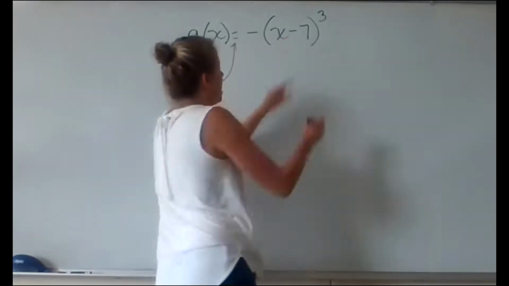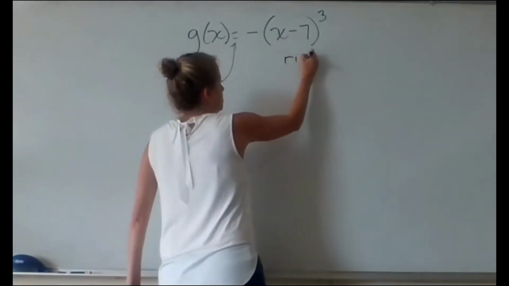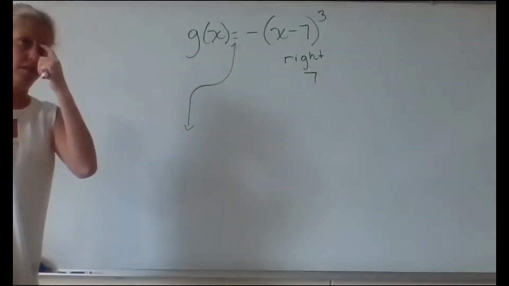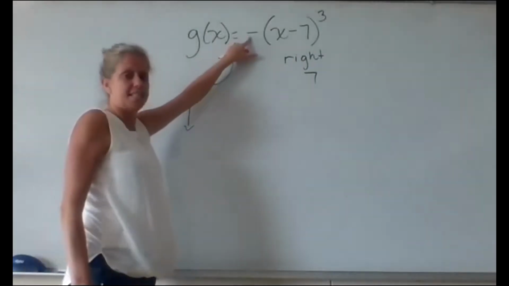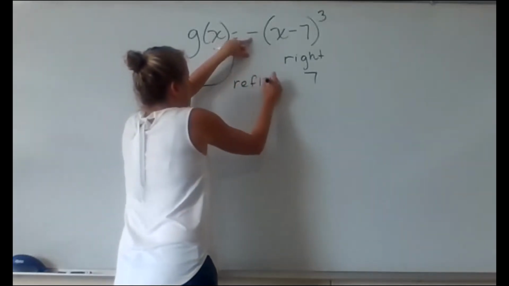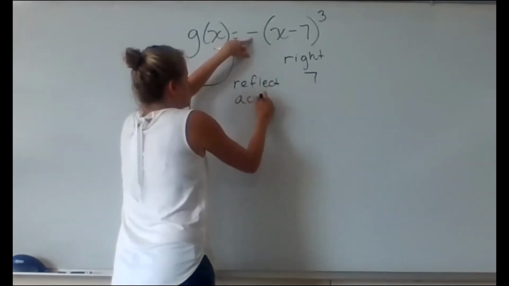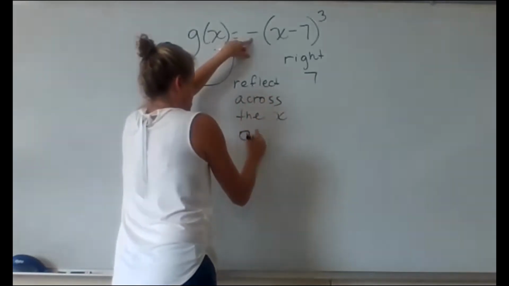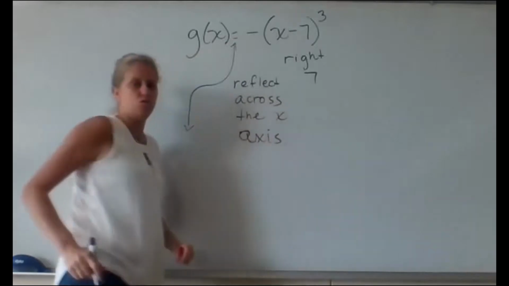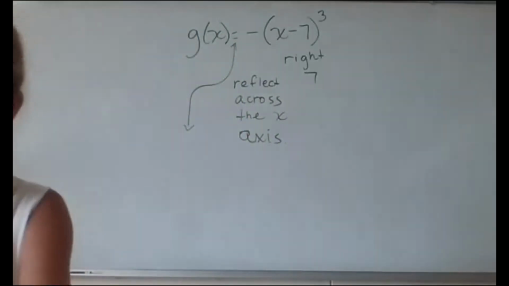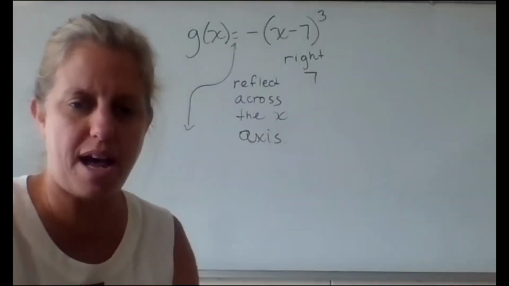Since this is a minus 7, it's going to shift me to the right 7. This negative is going to reflect me across the x-axis. So I'm going to do this one in Math Lab so you can see what's going to happen with that.